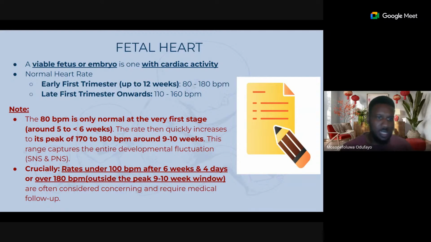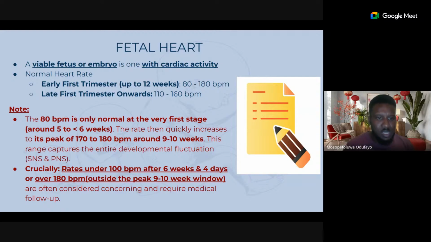Then later on, the sympathetic comes in, sometimes takes it to overdrive, and brings it up. So there are quite a lot of irregularities in the heart rate as a result of fluctuations in the sympathetic and parasympathetic nervous system, which is just trying to get itself going, because neurons are beginning to form.